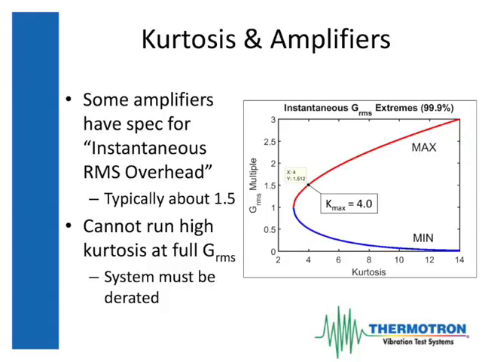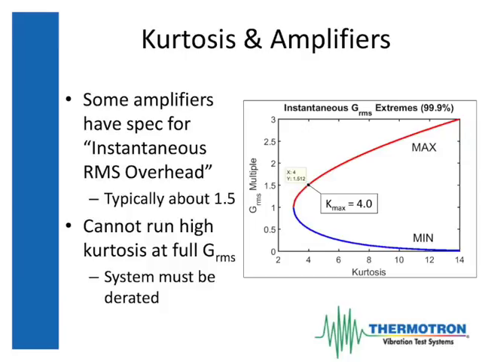Typically, this is set at about 50% over, so a value of 1.5. And that rating means if you run at this level for more than 100 or 200 milliseconds, you're probably going to damage the inverter. So I'm showing here on this graph, given, again, Thermotron's kurtosis algorithm, but other algorithms will be similar, what the highest and lowest RMS extremes you're likely to see are.